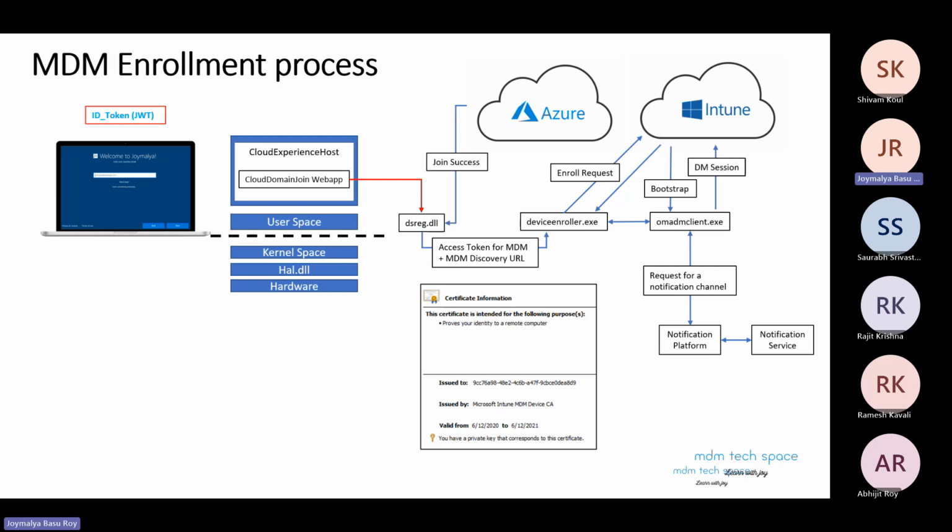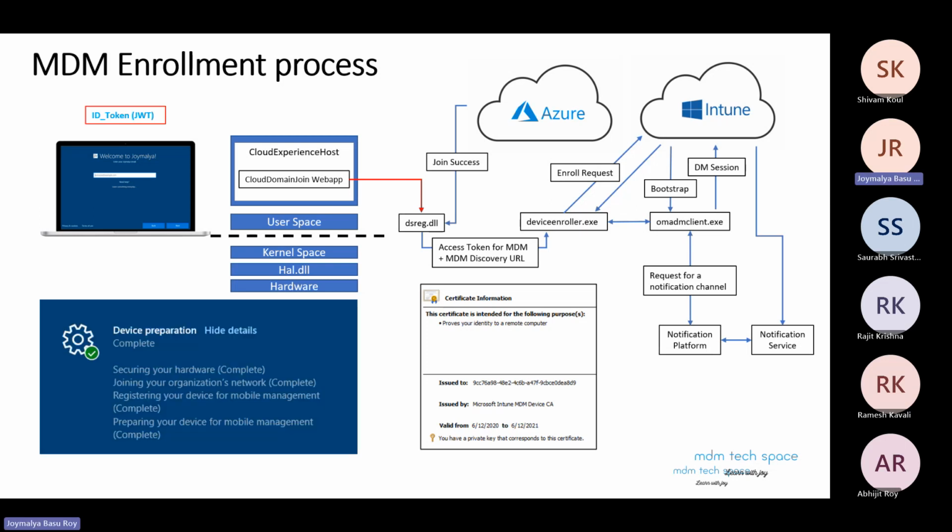Then the OMADM client will initiate the device management session. And as said, if Intune wants to communicate with the device, it will have to reach out to the platform notification services. Then we get the device in the ESP.